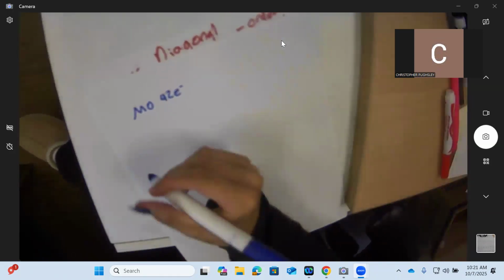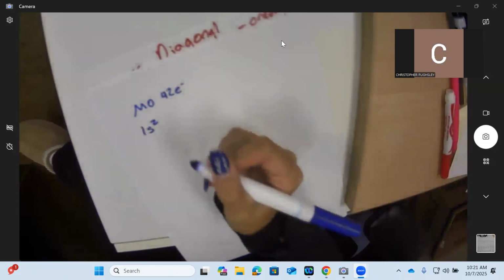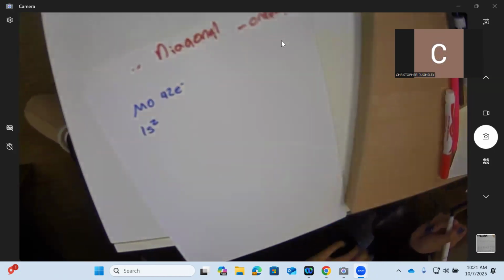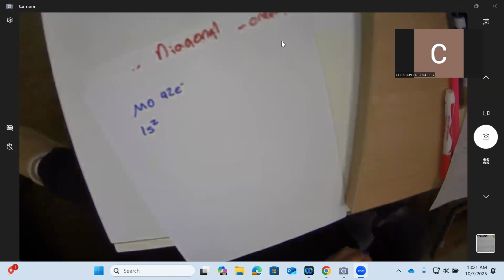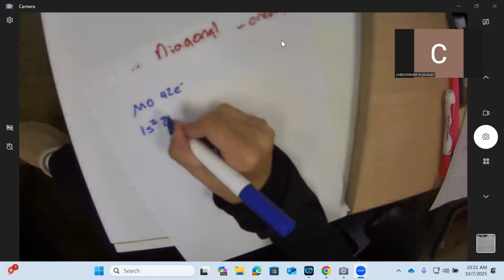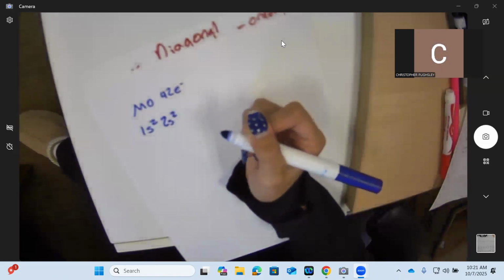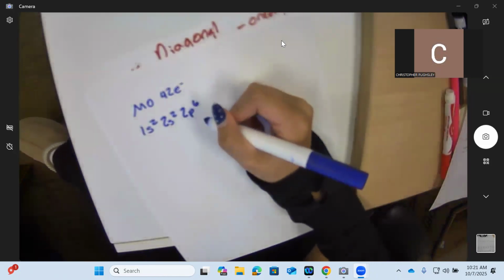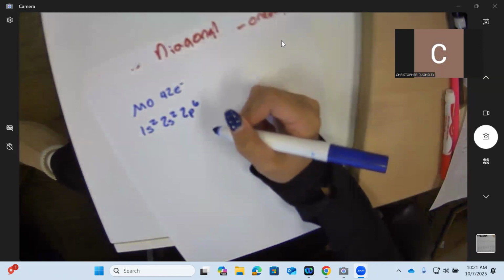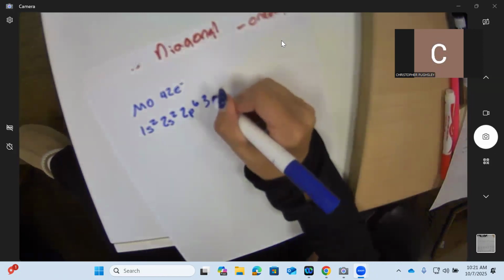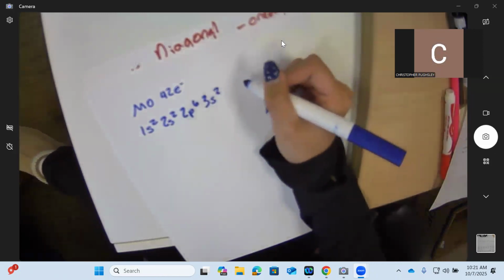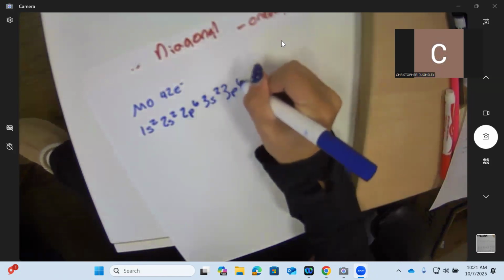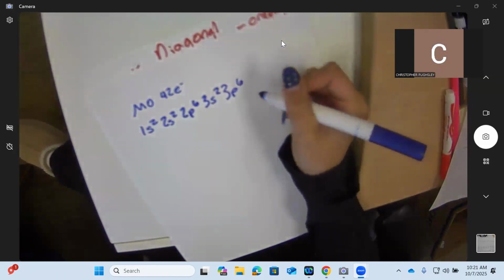Yep. So write 1s squared. There you go. I like how you wrote right there. It's good for us. All right. What's next? 2s squared. All right. What's next? 2p to the 6. And what's next? 3s squared. And the next? 3p to the 6. Okay. And then 4s squared.